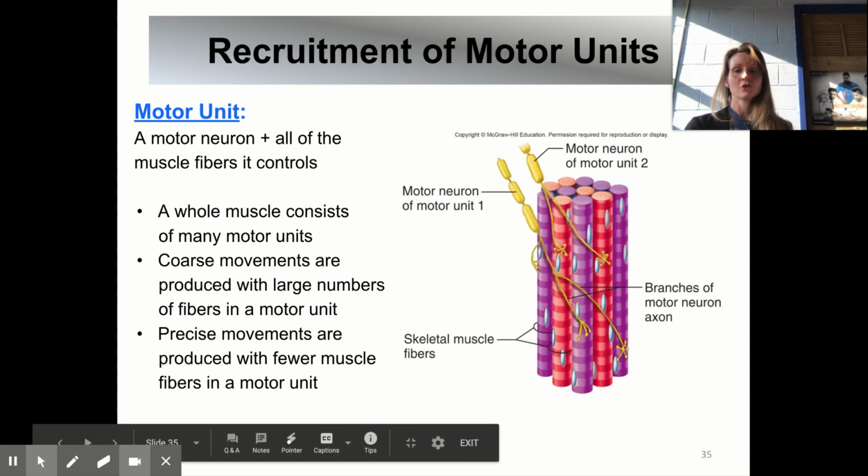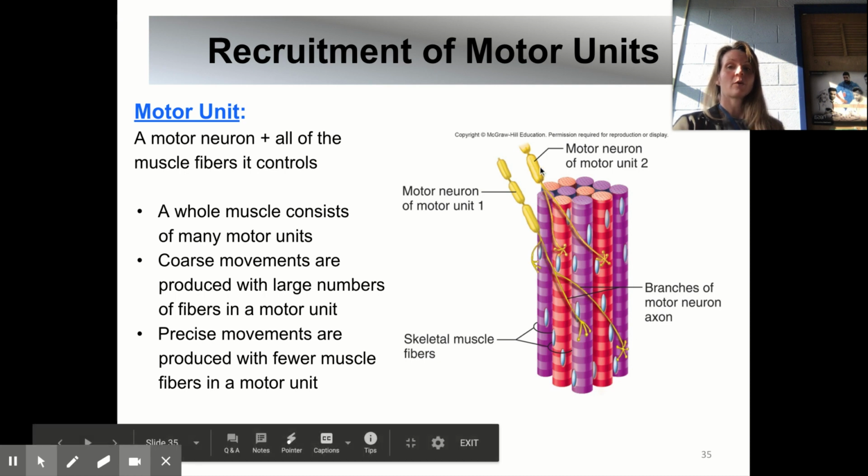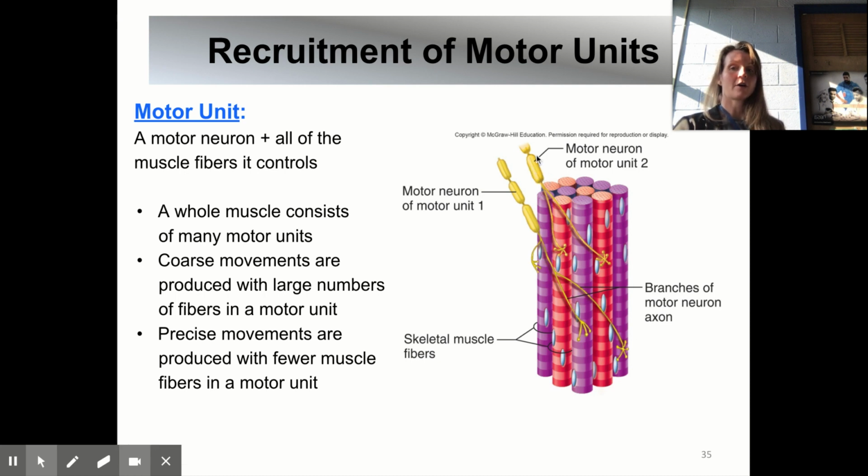The motor unit that we've talked about before consists of the motor neuron and the muscle fibers that it attaches to. There are different types of motor units. This is motor unit 1, and you can see how it attaches to 3 fibers, whereas motor unit 2 only has 2 fibers that it's attached to.